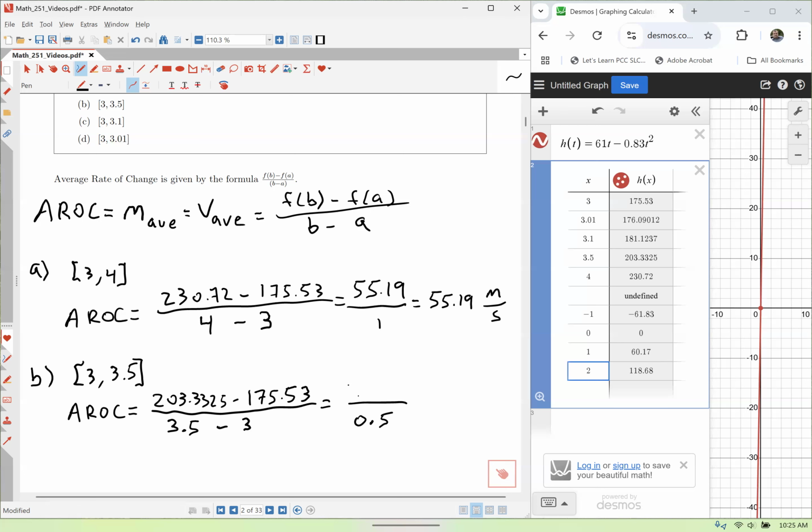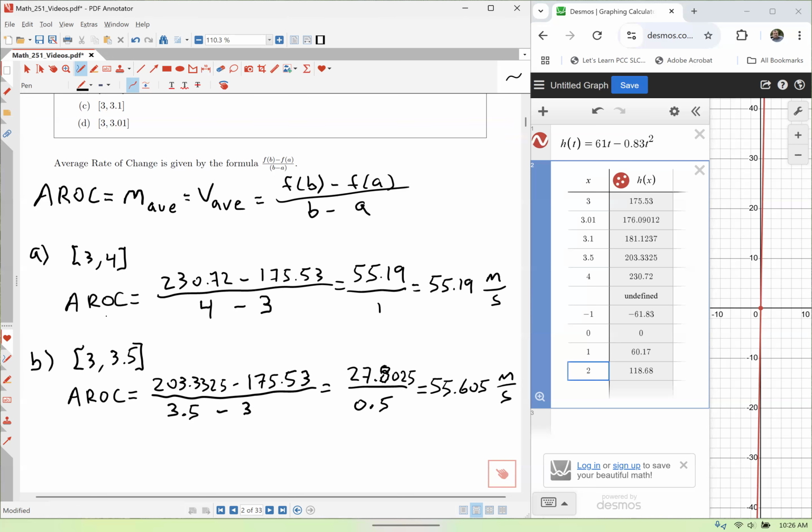I get 27.8025, which gives me an average velocity of 55.605 meters per second. So actually pretty close to that last average velocity from 3 to 4.